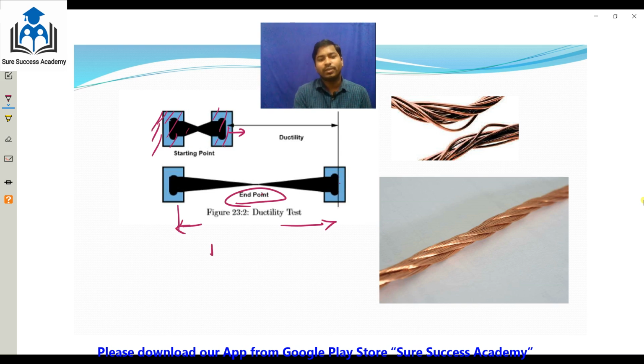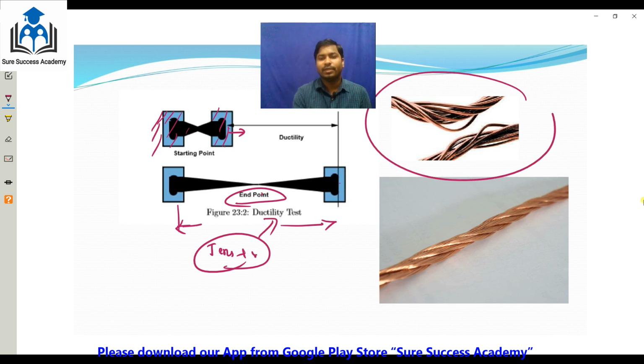So it is a combination of tensile stress plus plasticity, that is ductility, by application of tensile force. So you are making wire. The property of wire material is ductility. The copper wire you are using is a ductile material, right?